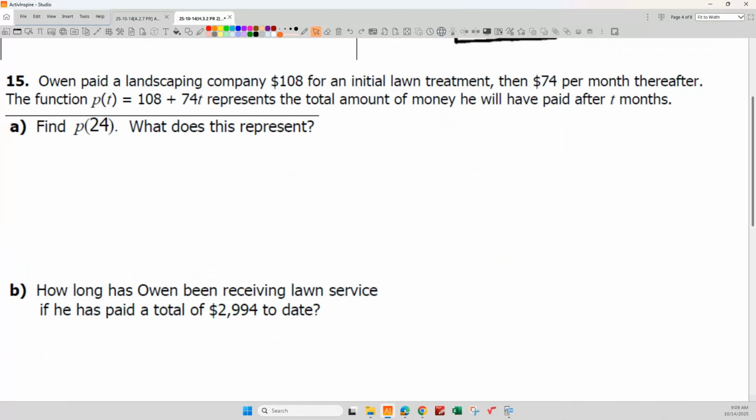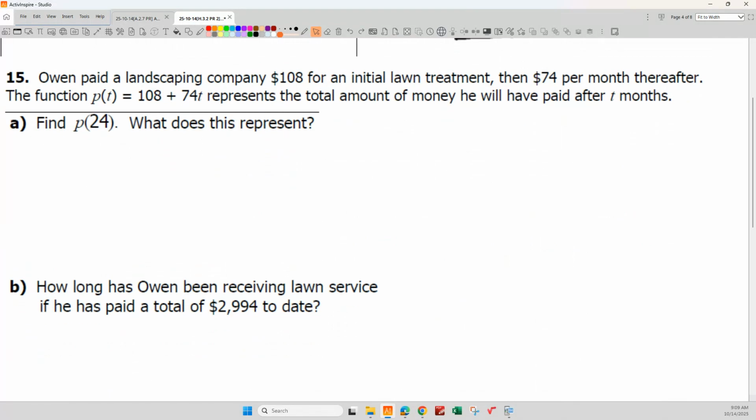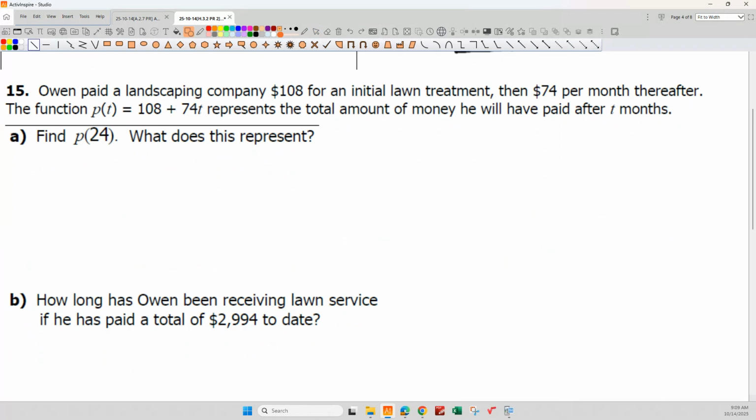So now let's take a look at a situation where we're using a function that represents something. Owen paid a landscaping company $108 for an initial lawn treatment, then $74 per month thereafter. Okay, first of all, I should have probably covered that up.